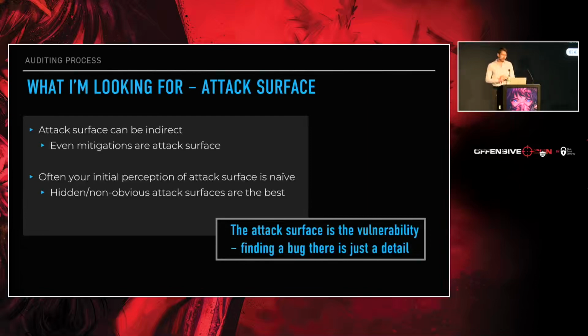One interesting thing is even mitigations are an attack surface. Obviously mitigations are put there to prevent exploitation, but they're introducing complexity and hence attack surface. And there's been a couple of pretty good ones. There was a mitigation that Adobe put into Flash a few years ago because there were a lot of Flash vulnerabilities coming out at the time.